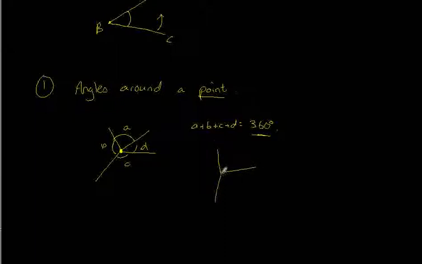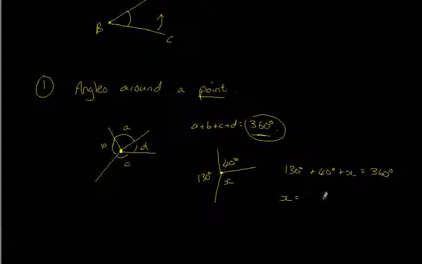So we could have an example. Let's say we just have three lines meeting at the same point. Let's say we have 40 degrees, 130 degrees, and we want to know what x is. If we add all of these three angles together, we should get 360 degrees. So 130 degrees plus 40 degrees plus x has to give us 360 degrees.